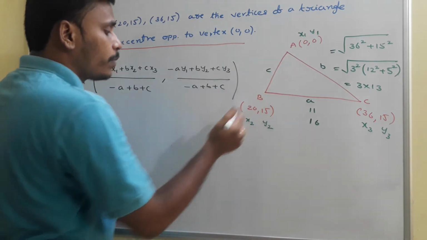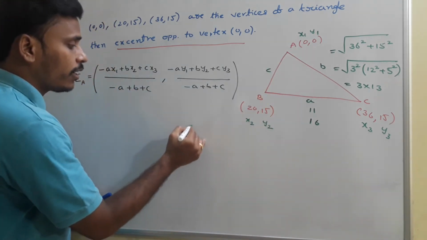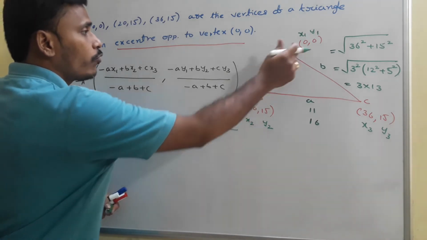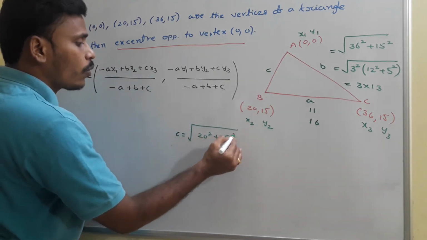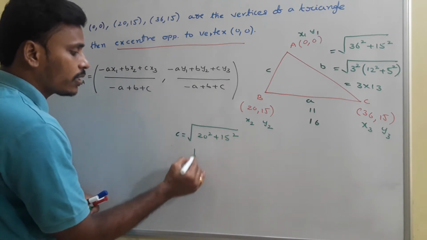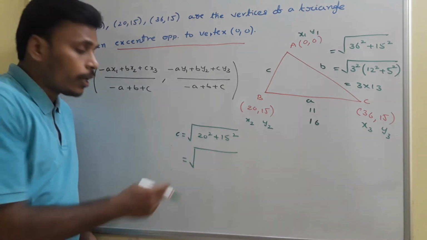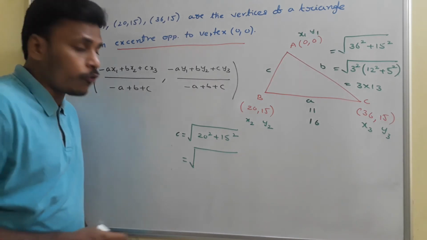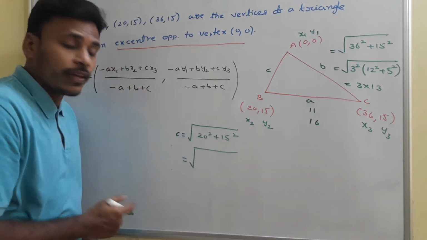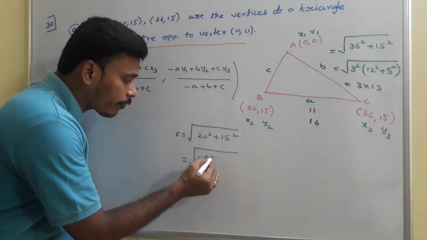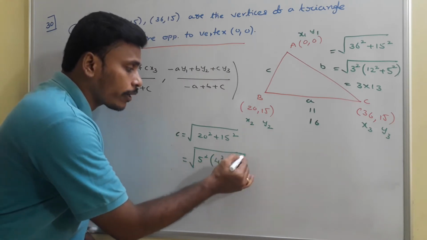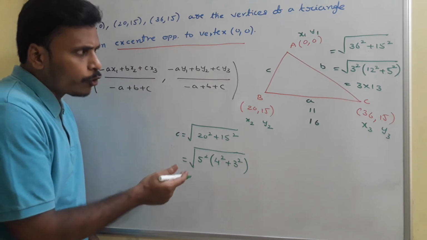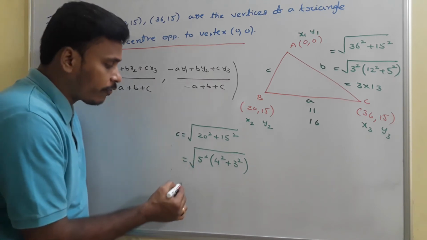In the same way, we need to calculate small c, the distance between A and B, that is, between these two points. So we calculate the square root of 20 square plus 15 square. 20 can be written as 5 into 4, and 15 as 5 into 3, so we separate 5 square into (4 square plus 3 square), and 4 square plus 3 square is again 5 square.